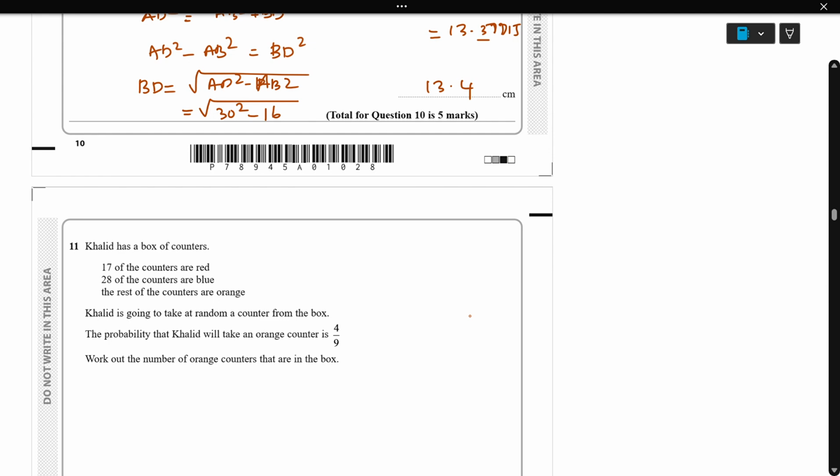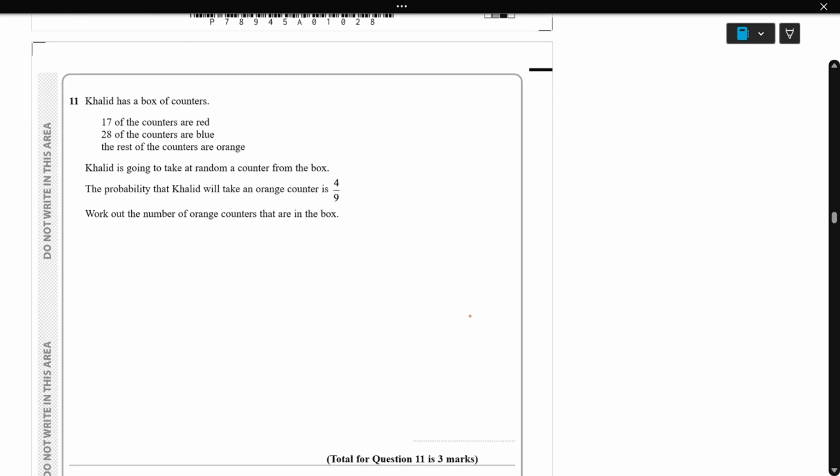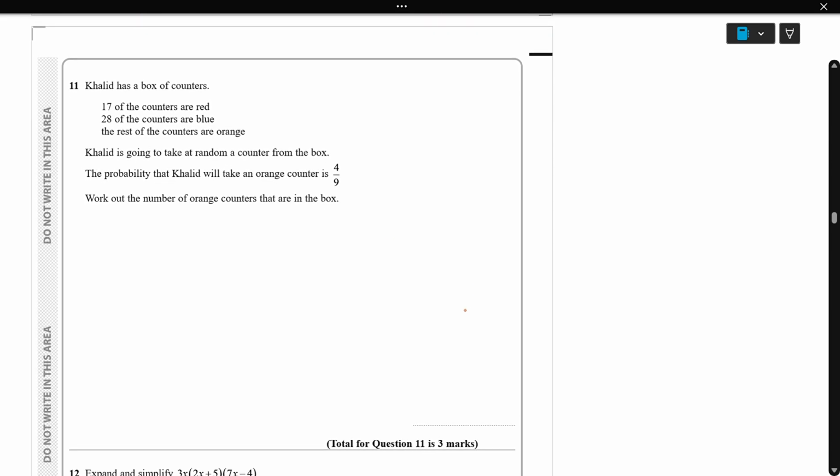Next question, Khalid has a box of counters. So red is 17 and blue is 28. And the rest is orange, they are saying. So we don't know how many there are, that I'll take as x.